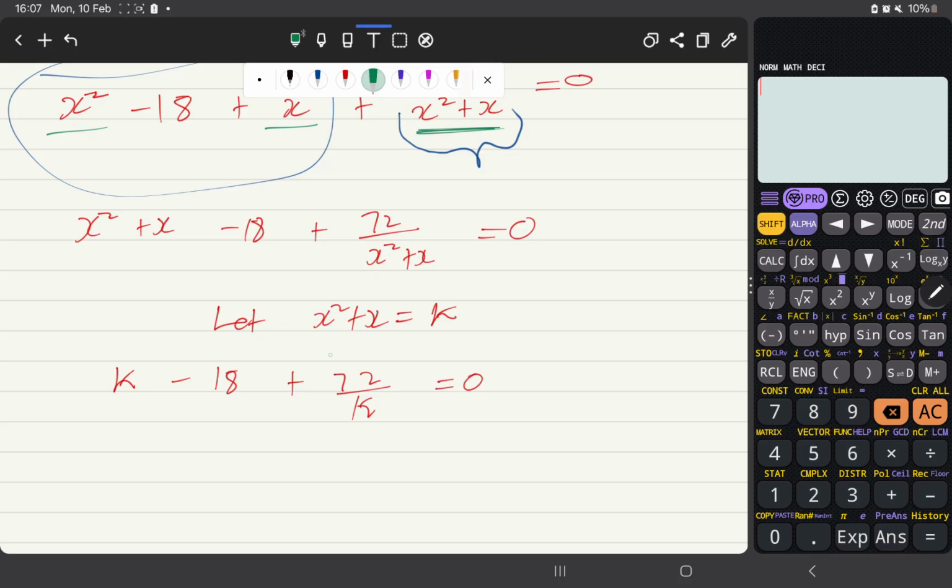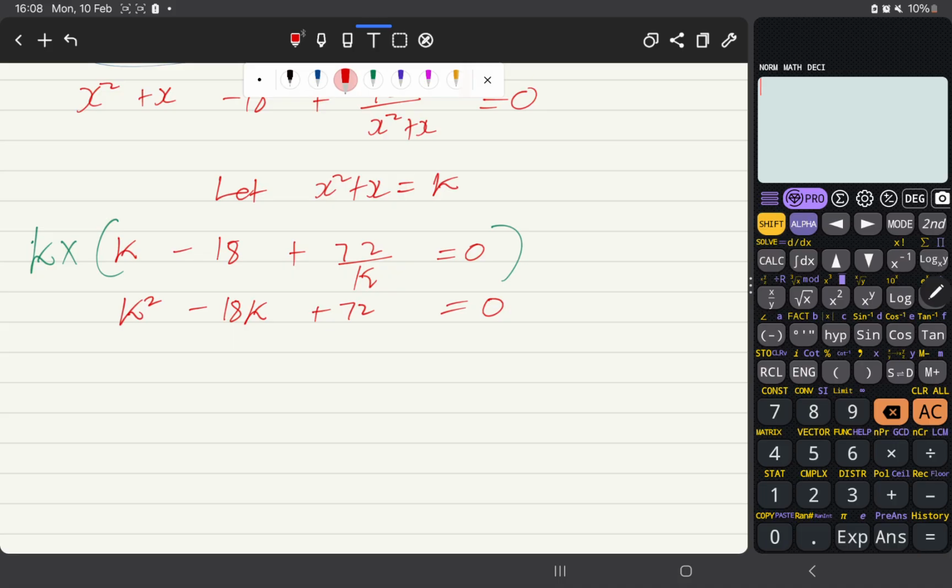Now I want to eliminate this k, so the best way to do so is to multiply that fraction by k. But remember, laws of fractions, what you do on the left you do on the right. So I can multiply the whole thing by k. That means I'm going to have k squared minus 18k plus 72 is equal to 0.